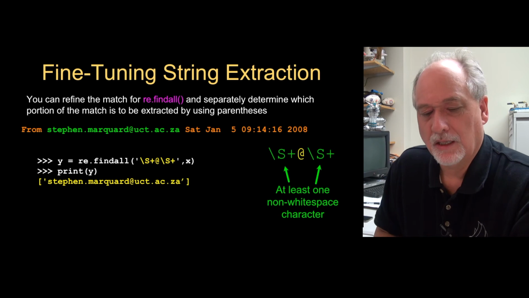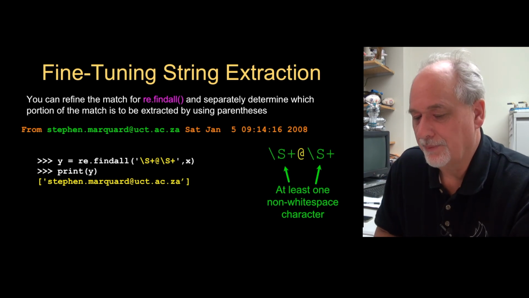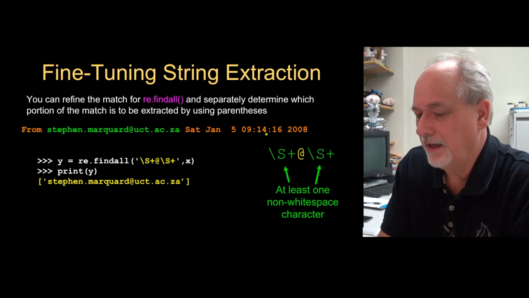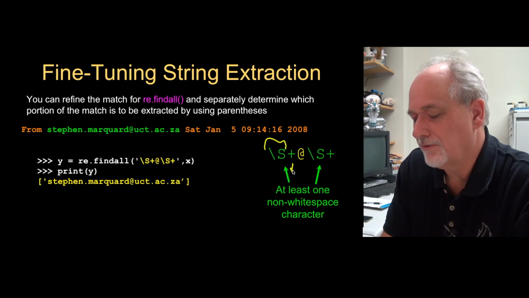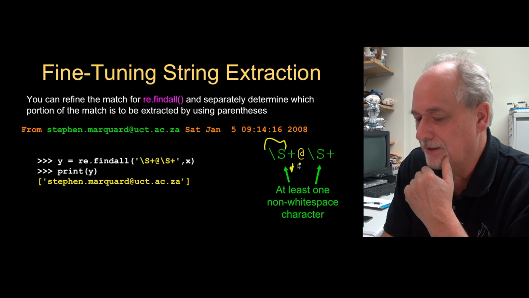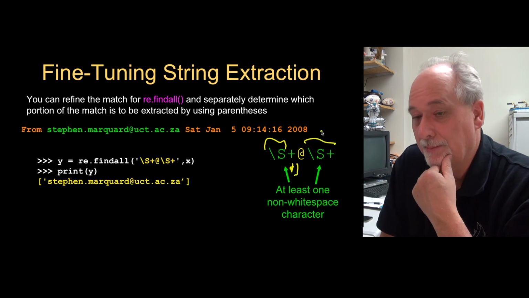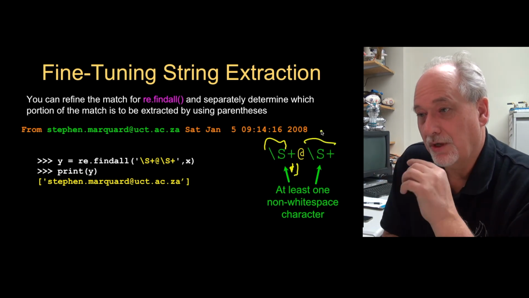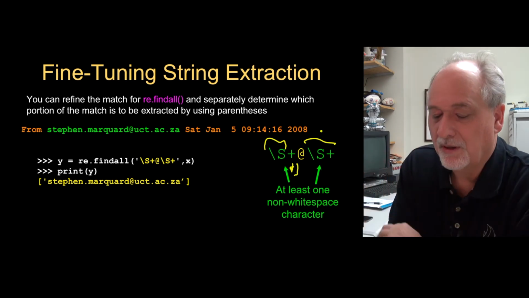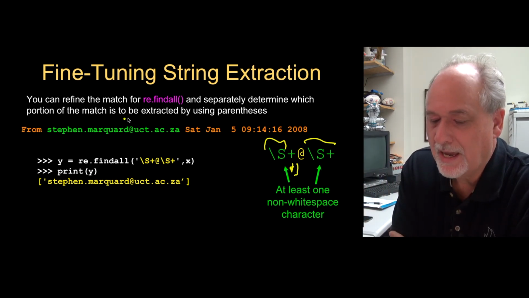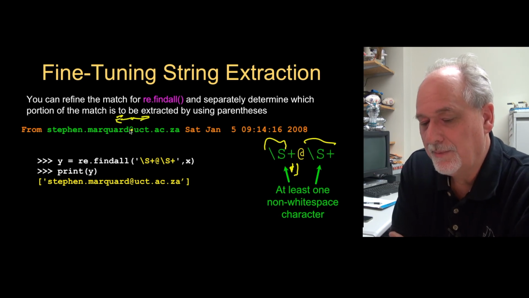And so let's take a look at this little example where we have non-blank characters, \S, 1 or more of those non-blank characters, followed by an @ sign, and then again 1 or more non-blank characters. So this is looking for strings that have an @ sign with non-blank characters on both sides. This is an example of where it comes to this @ and it goes this way, and it does it in a greedy manner. If you told it to not be greedy, it would give you these 3 characters.